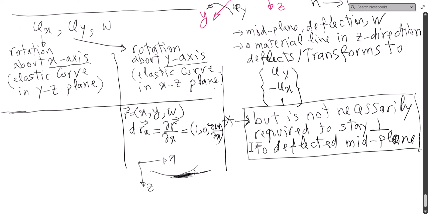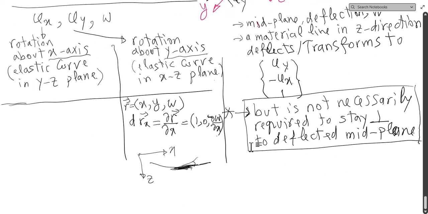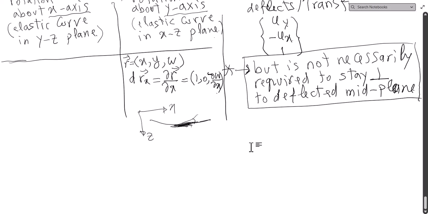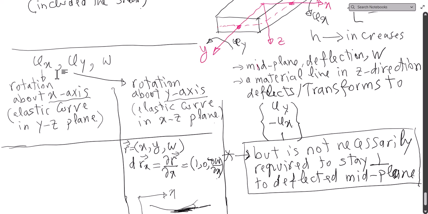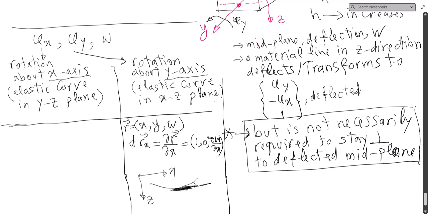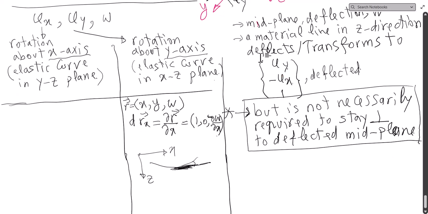Now at any given x and y and w after deflection, we want that this material line that we have here, the deflected material line, we would like to find the angle between this vector and this vector.